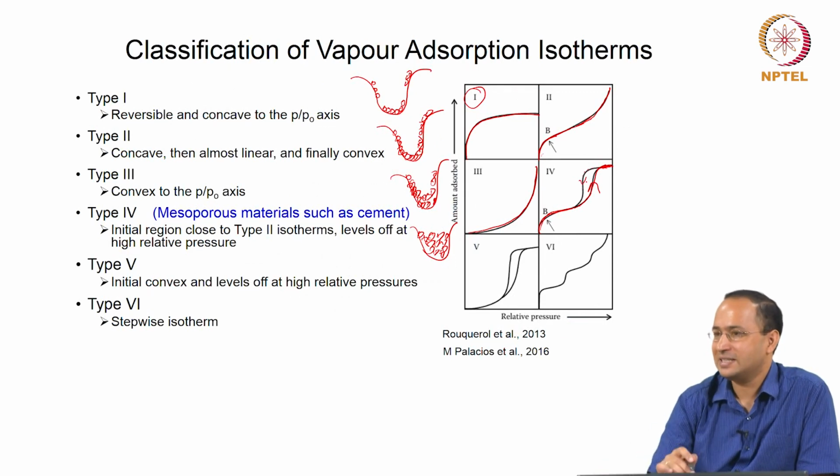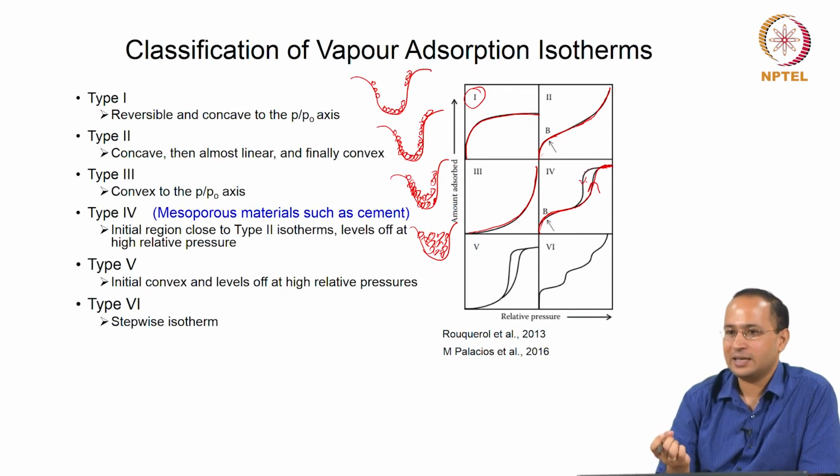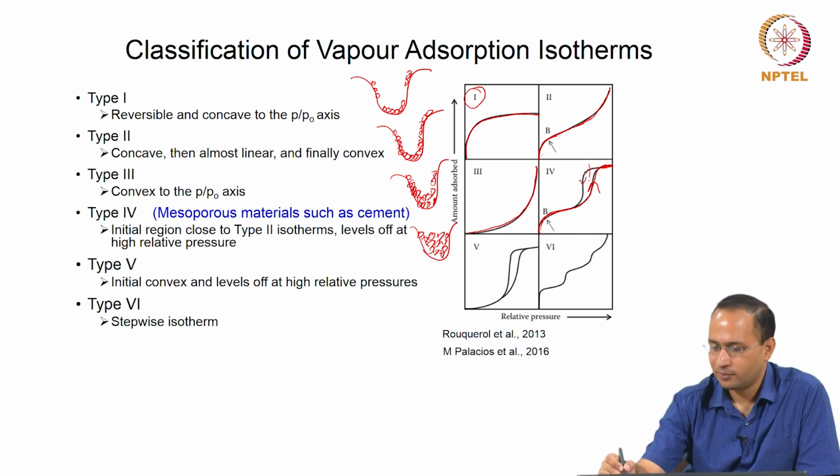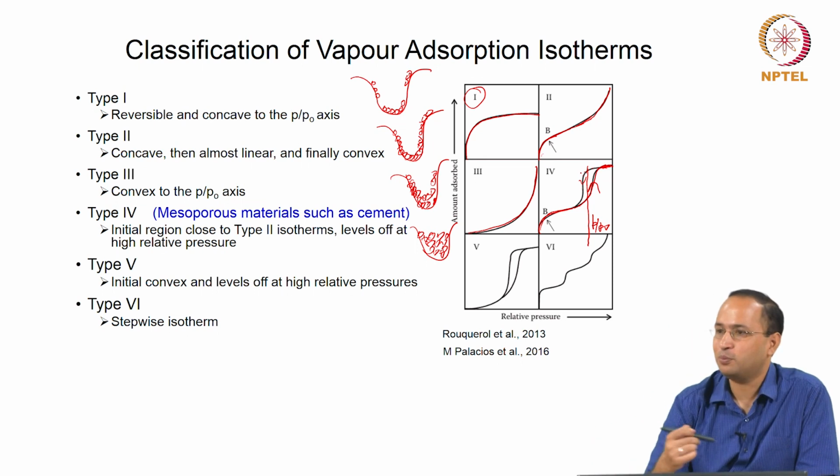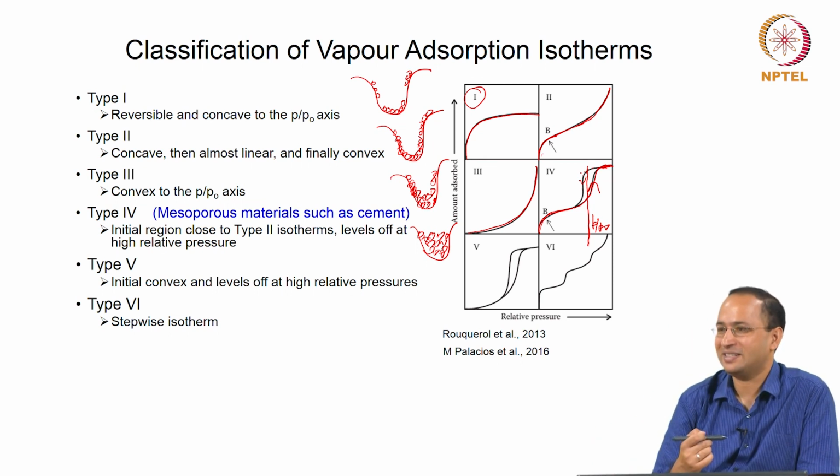So this hysteresis appears because, when you come to the desorption branch at the same partial pressure, let us say this is the P over P0, it takes more effort to remove the gas.